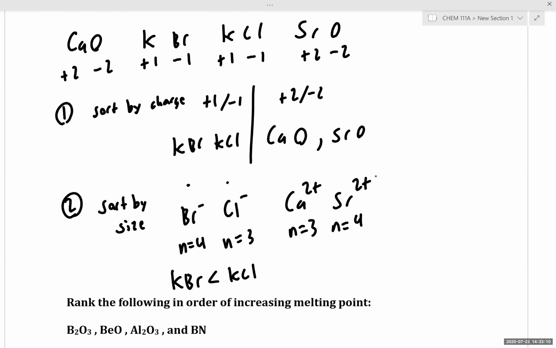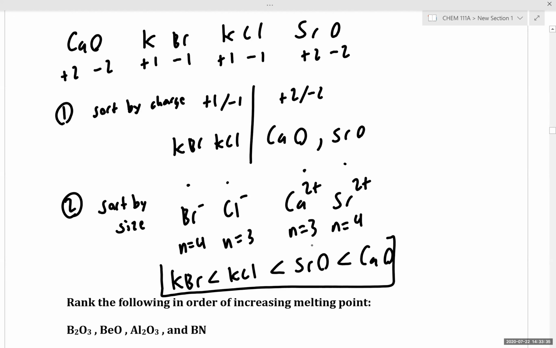Which ion is smaller, calcium or strontium? Calcium is smaller. So as a result, calcium oxide has the largest lattice enthalpy, and strontium oxide has the next largest. Perfect. So now we have our ranking.